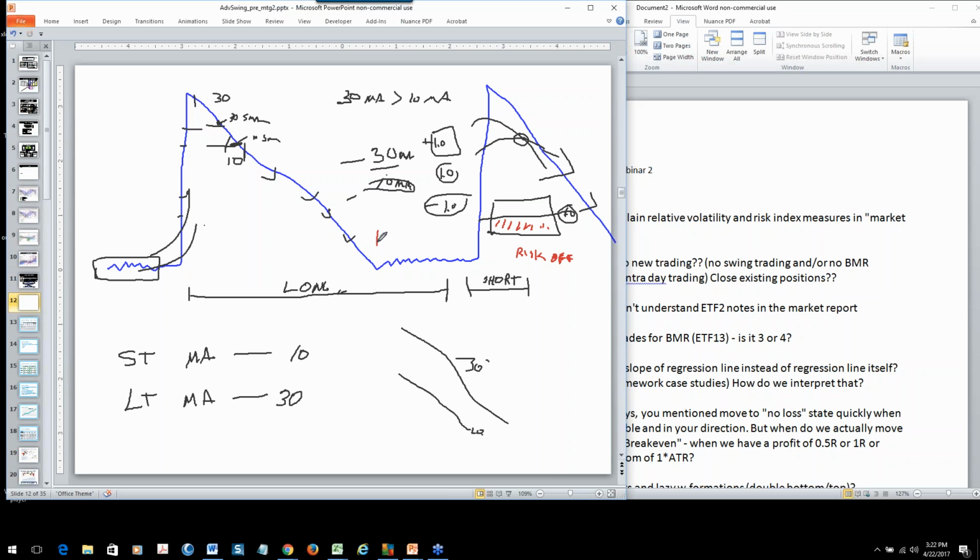So I now call this the risk index, because what we're doing is indexing the value of the 30 and the 10 against the number 1.0. And when that number is greater than 1.0 in this area, we call that risk on.